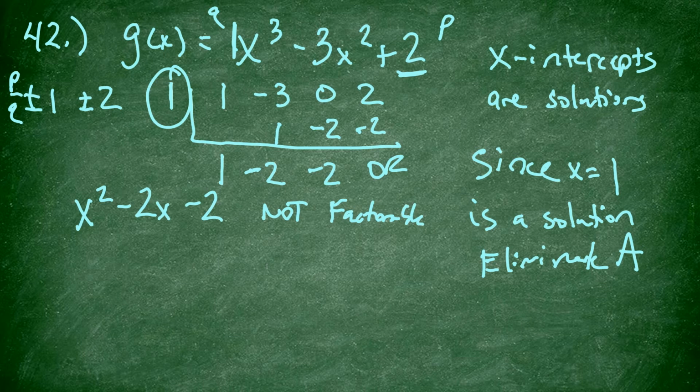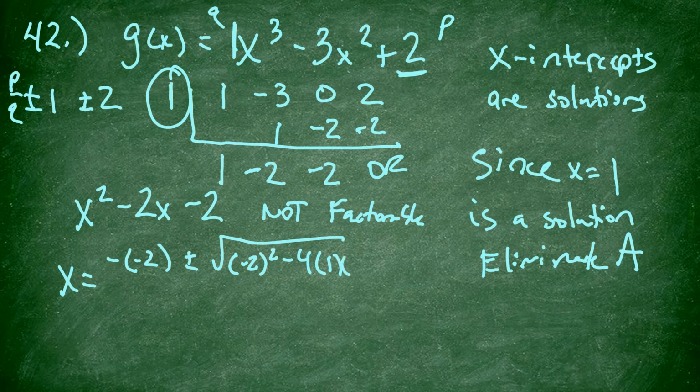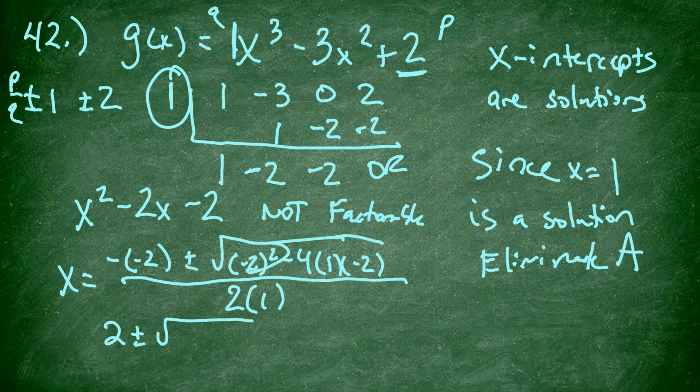So I have to use the quadratic formula. So I say x is equal to the opposite of b plus or minus the square root of b squared minus 4 times a times c, and then 2 times a. So I get positive 2 plus or minus the square root of, this is 4, 4 minus 4 times minus 2 is plus 8, so it's square root of 12 all over 2.